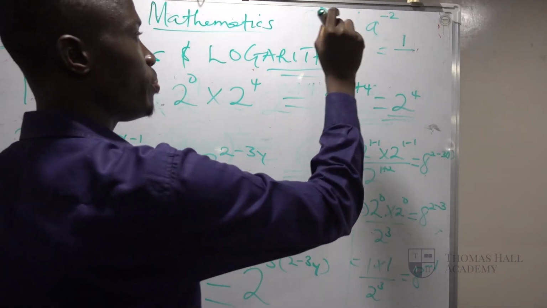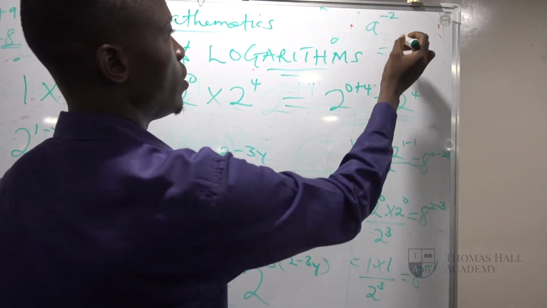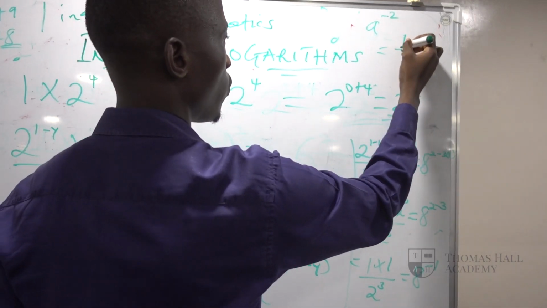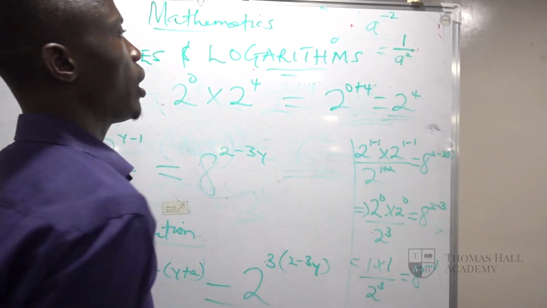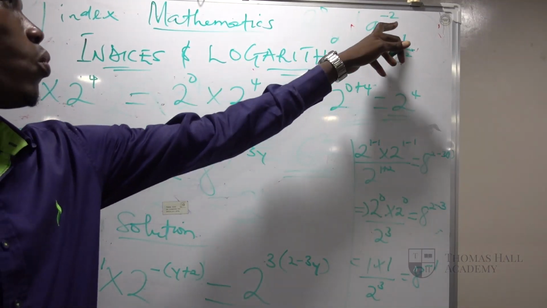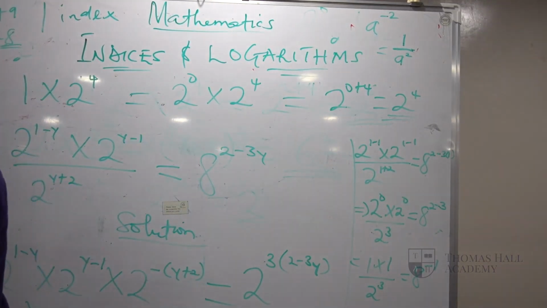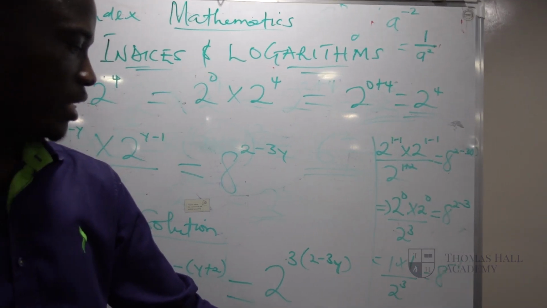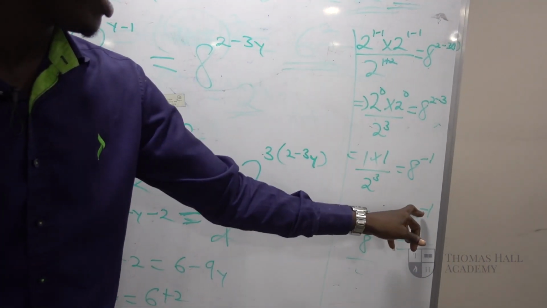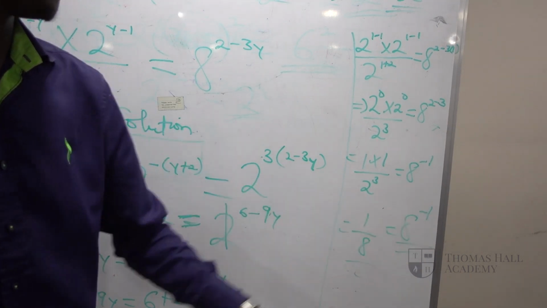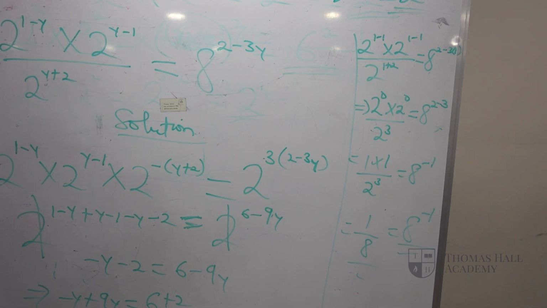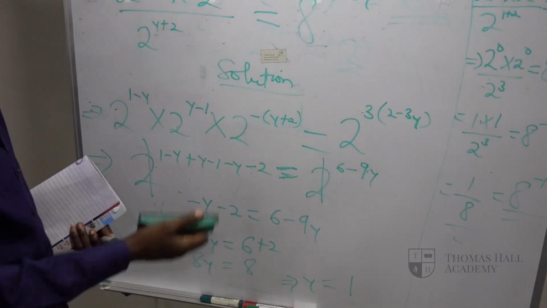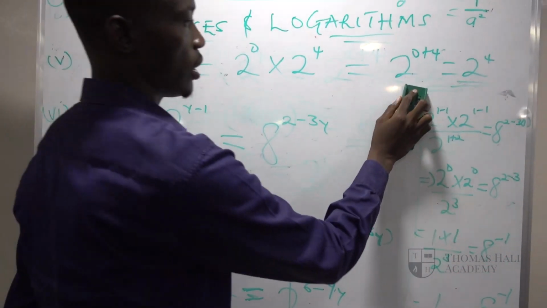Again, when the power of a number is negative, that negative sign becomes 1 over, then the base and then the power. So another way of writing a raised to the power minus 2 is 1 over a raised to the power 2. So another way of writing 1 over 8 is 8 raised to the power minus 1. This minus becomes 1 over. Then we have 8 raised to the power 1. 8 raised to the power 1 is 8. So our y equals to 1 is correct.